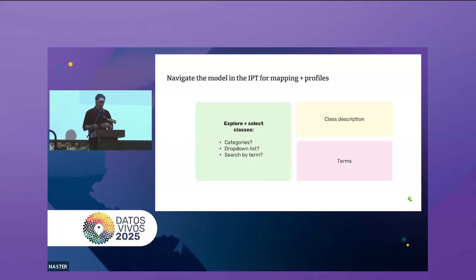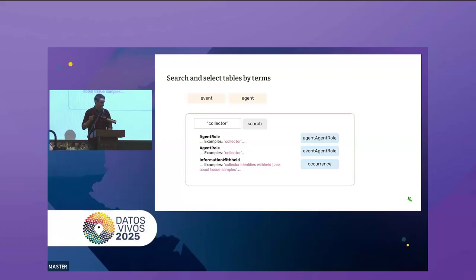It can be an improved drop-down list, which we already have in Darwin Core Test IPT, and it can be an advanced search engine for these tables, terms, or everything.